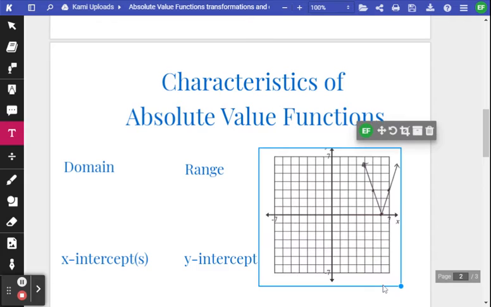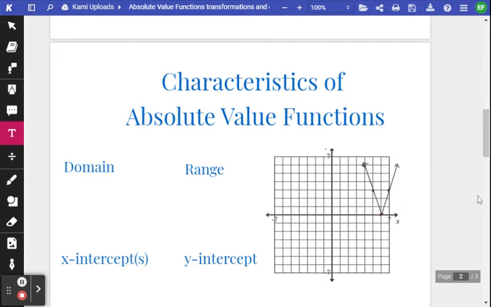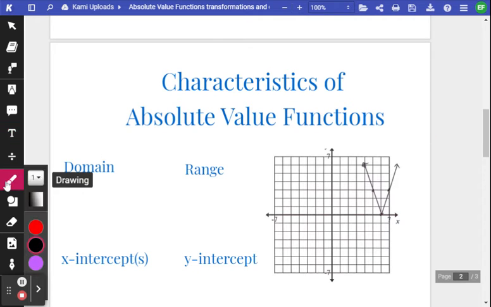If we switch over now to some of the characteristics of absolute value functions, we need to be able to state the domain, range, x-intercepts, and a whole bunch of different values. So let's talk about our domain.